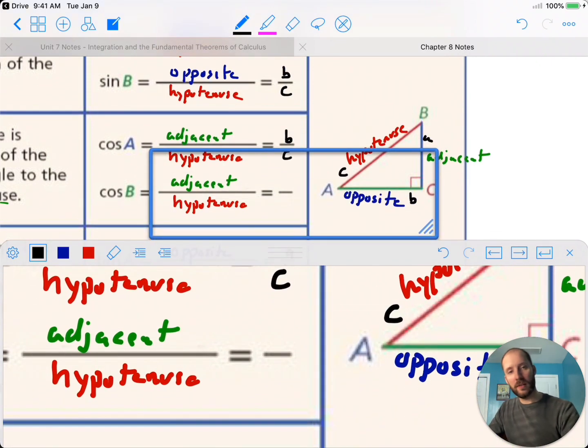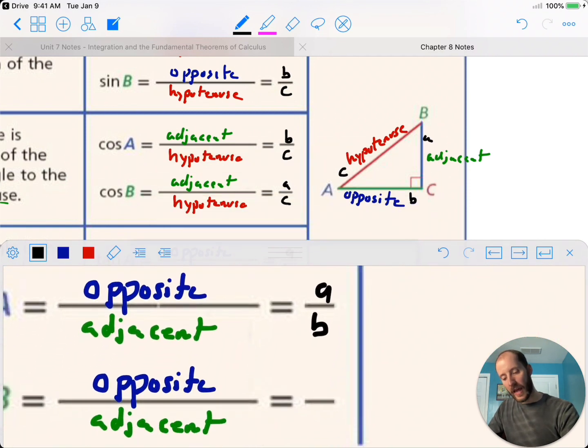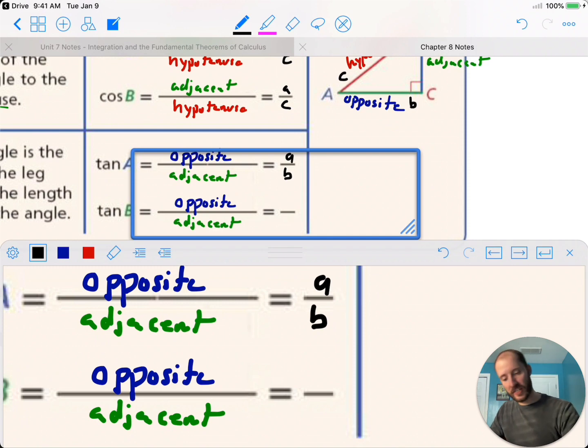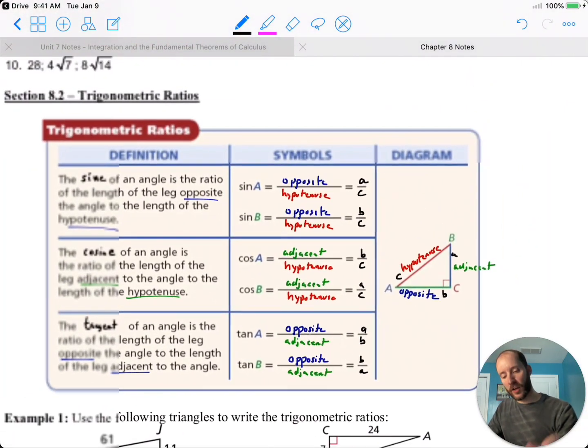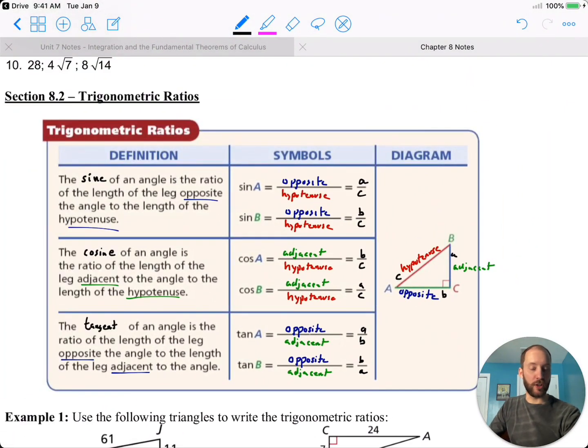Cosine of angle B would be adjacent, a over c. And for tangent, opposite over adjacent, b over a. So again, it all depends on the angle you're looking at, and the angle tells you what the sides are in relation to that angle.